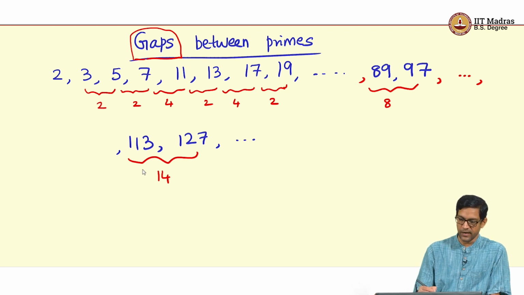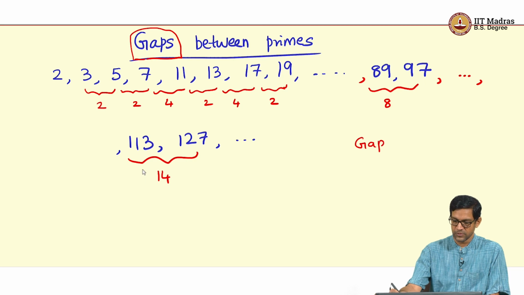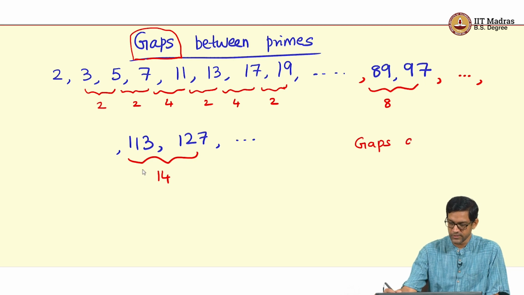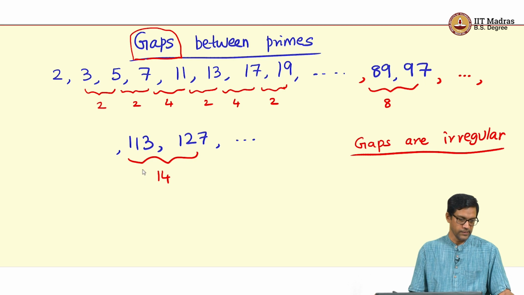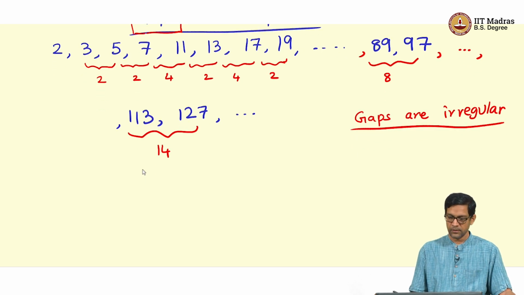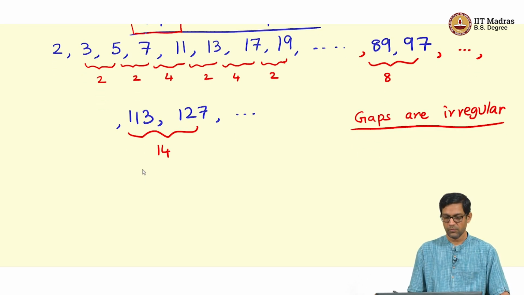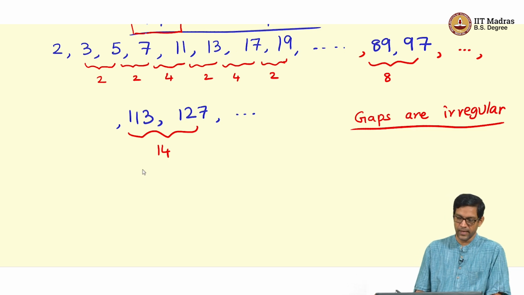It's very hard to say what the gaps look like, how they change, how they vary and so on. There is no nice pattern that one can write down explicitly, but what we would like to know and what we will consider today is whether these gaps can be very, very large, as large as we want, okay.